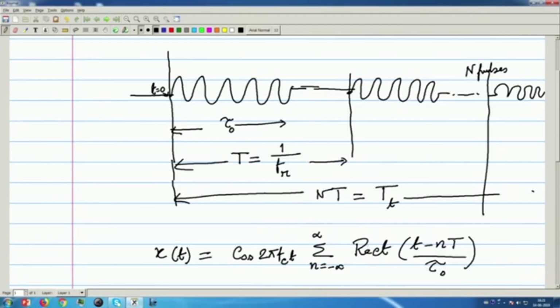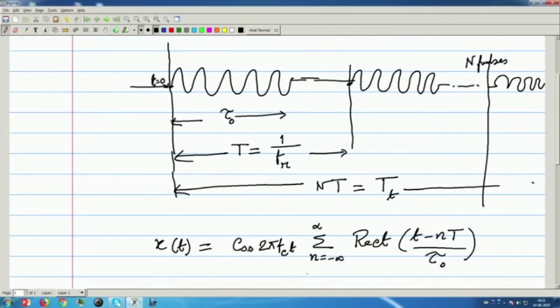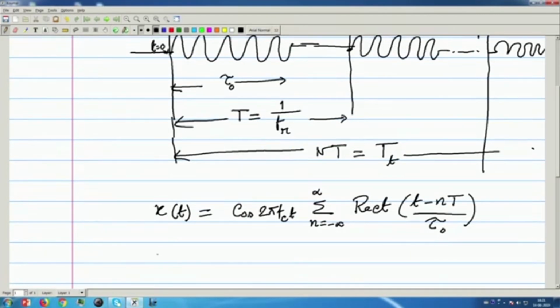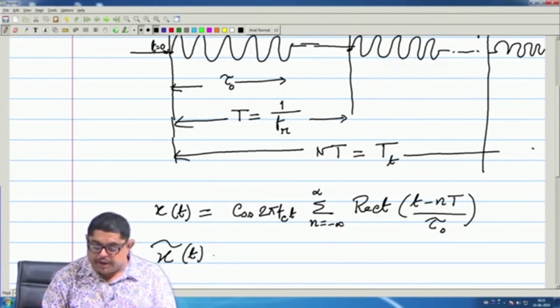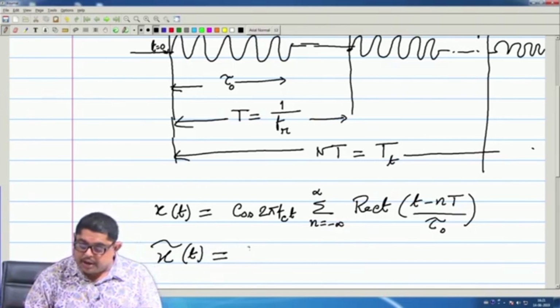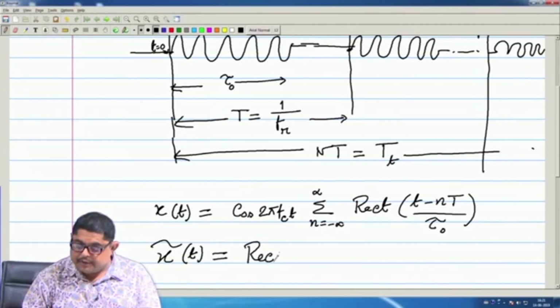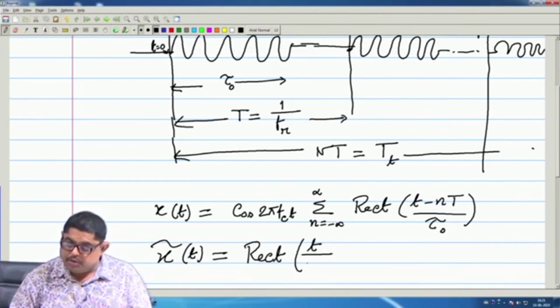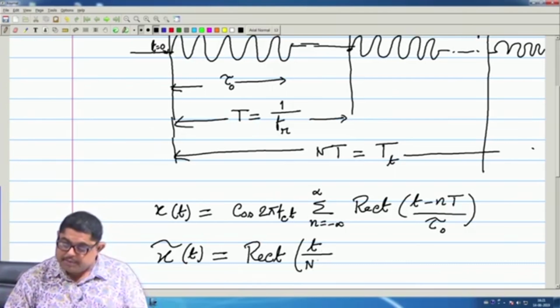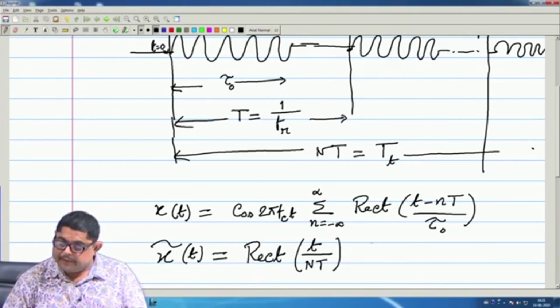If this is the case, we can say the complex envelope x(t) can be written as this. The carrier part will go, and the T by capital N T part remains as it is.